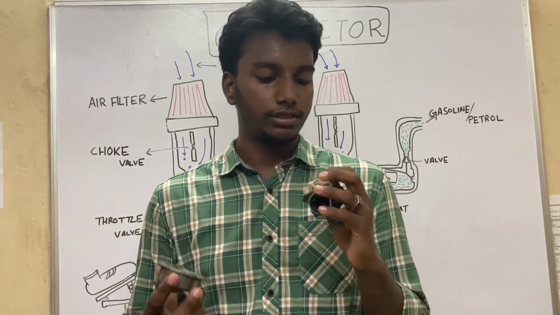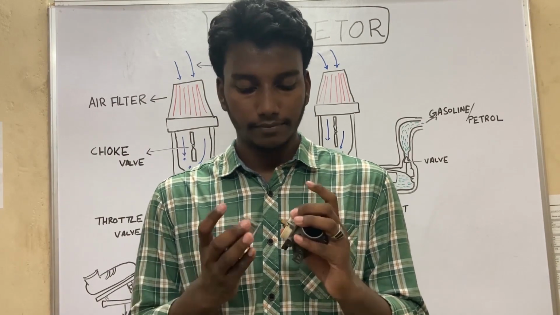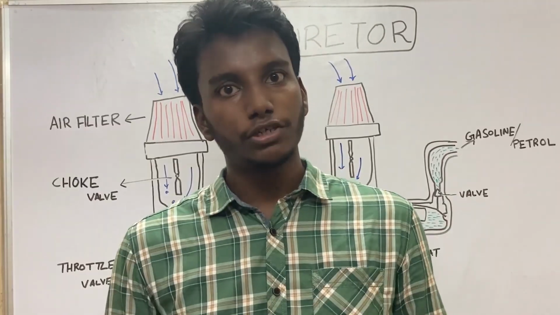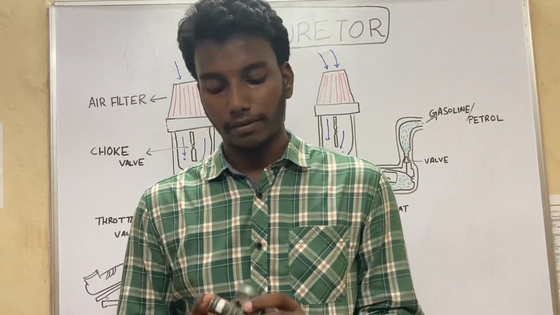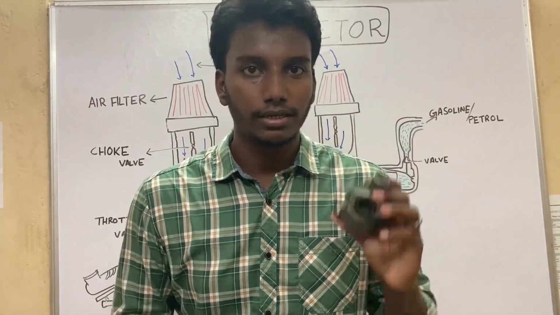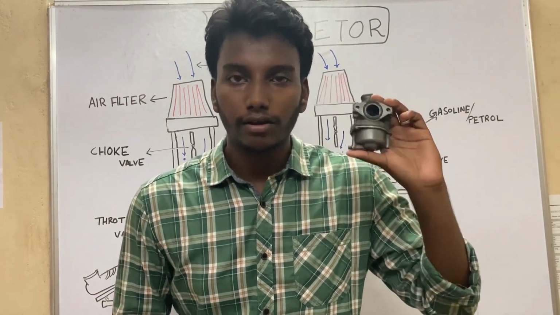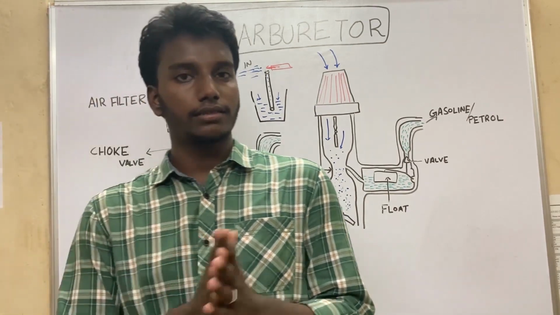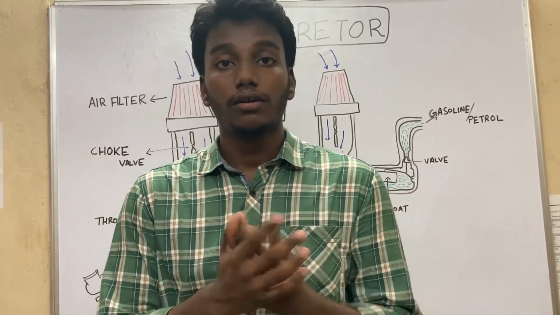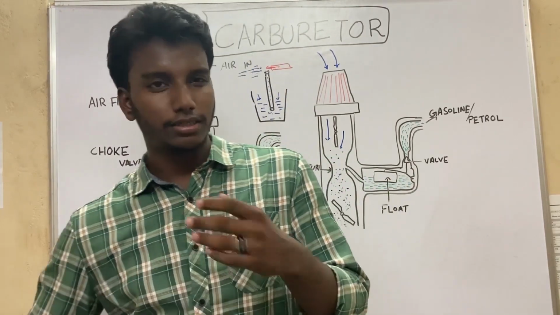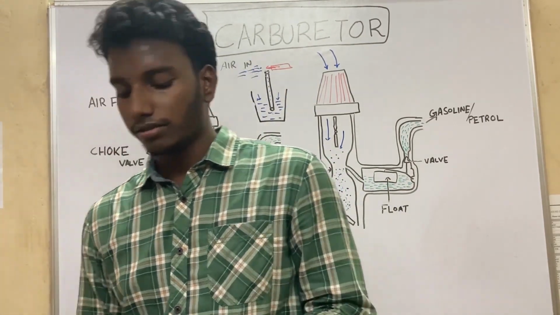Now they got swapped with fuel injectors, and fuel injectors are good and efficient, which gets us to the con part. Carburetors are not as efficient as you think, and that's the main reason why they got kicked out. Though, bikes or scooters with low cubic capacity come with carburetors, and that's because they are cost efficient.